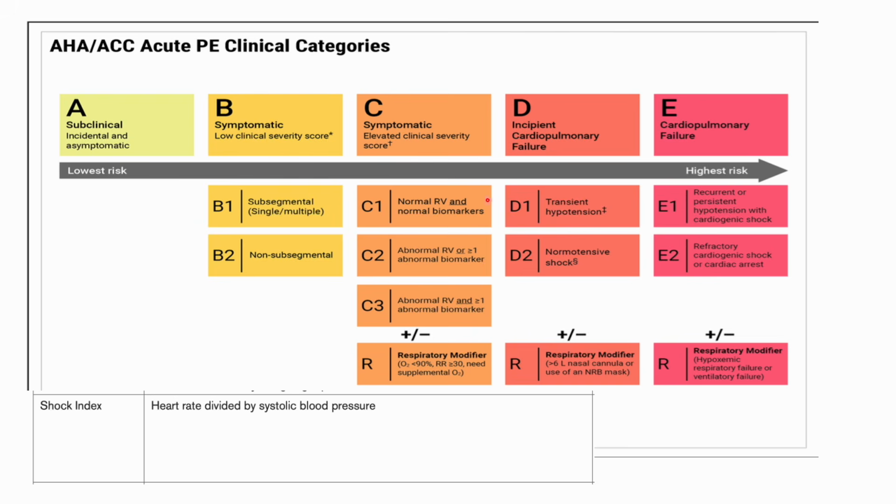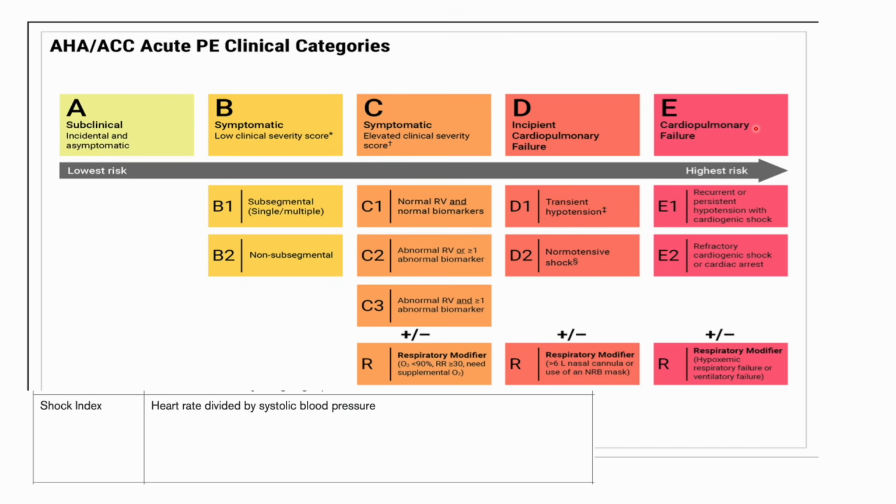And here, if he's on oxygen, you will apply the respiratory modifier. So here, this patient's category becomes a D2R. The most severe of the categories, which is category E, is focused on cardiopulmonary failure.